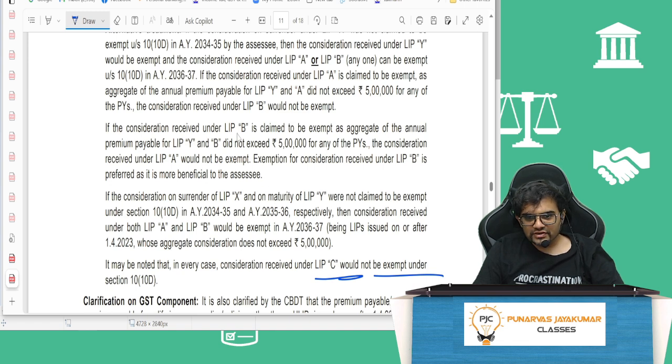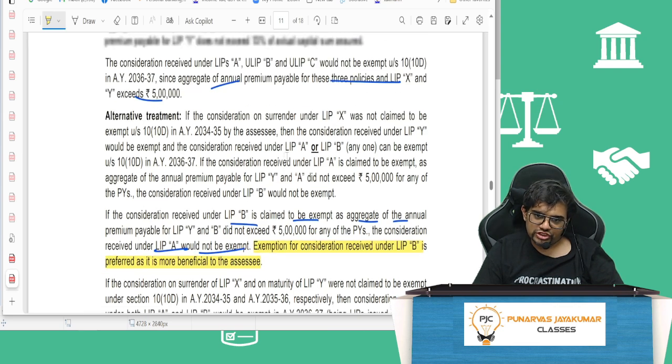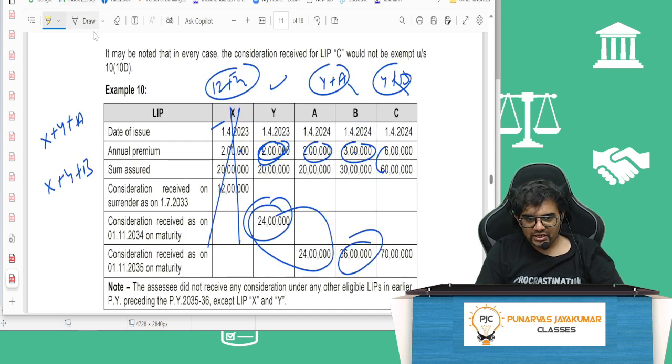If consideration received under B is claimed to be exempt as aggregate does not exceed the limit, the consideration received under A would not be exempt. Same thing. And as discussed, exemption for consideration received under B is most preferred as it is beneficial. So guys, I can ignore X and take Y plus B because I'm going to get 24 plus 36.